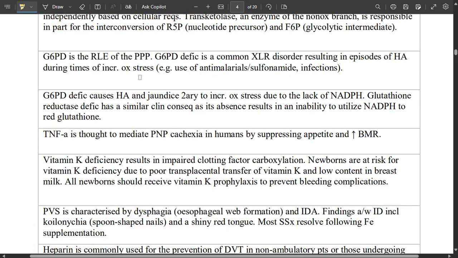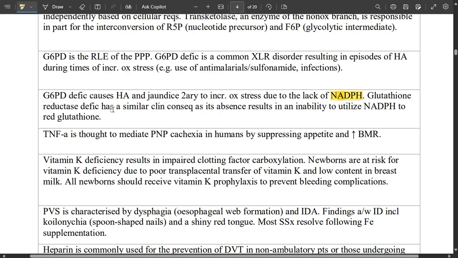This deficiency causes hemolytic anemia and jaundice secondary to increased oxidative stress due to lack of NADPH. NADPH is the reducing substrate, so with decreased synthesis of NADPH there is increased oxidative stress.